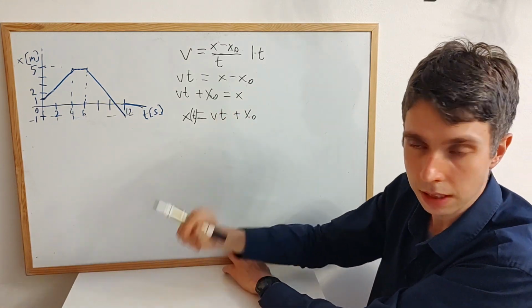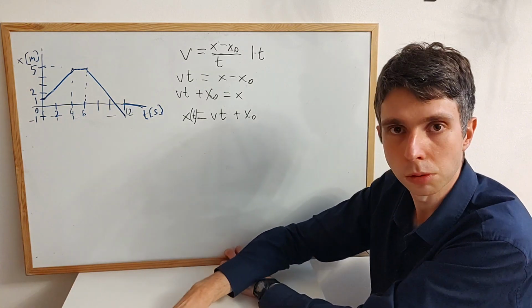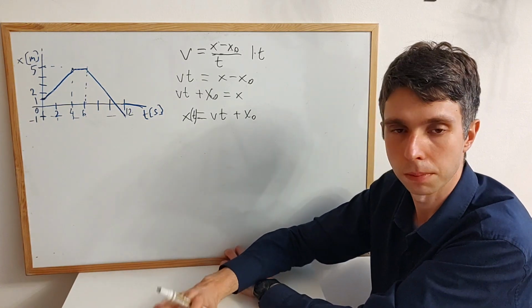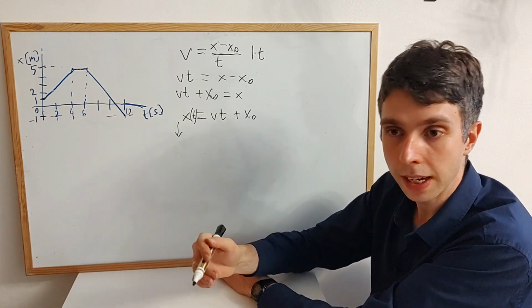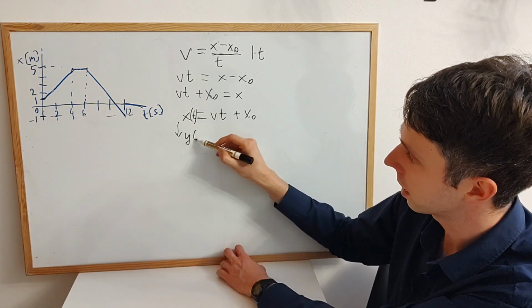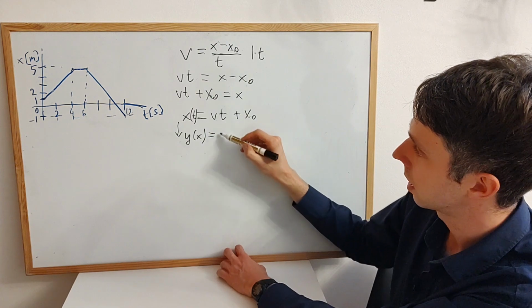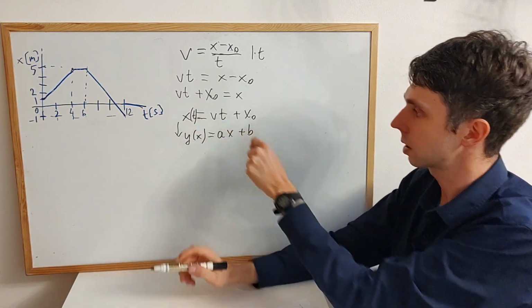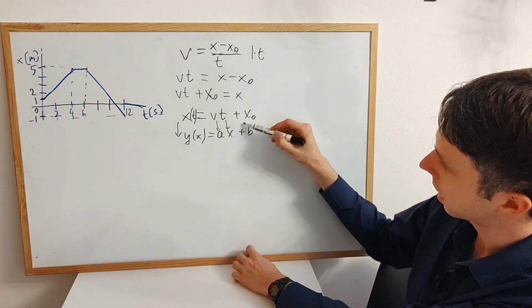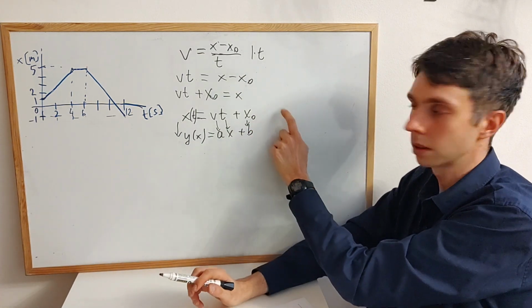Let's think of it as a function. I hope you know some basics of functions from maths. So maybe you are familiar with linear functions, so y of x as ax plus b. So look, this equation has exactly the same form.